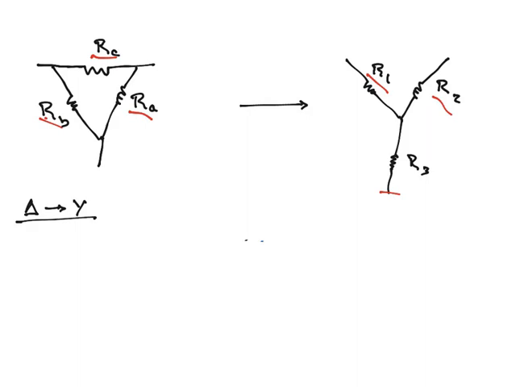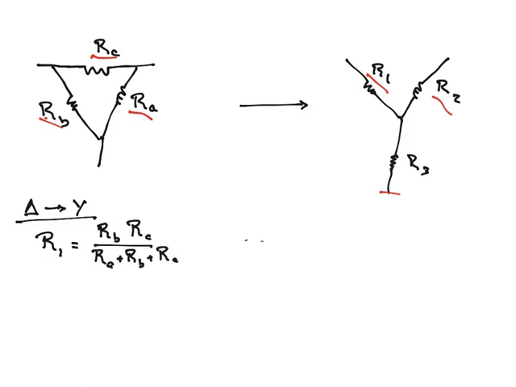So first, remember, we know A, B, and C. We know these numbers. I'm trying to figure out what 1, 2, and 3 are. So R1, the value of resistor 1 in the Y connection, is going to be RB times RC over the sum of all three, RA plus RB plus RC.